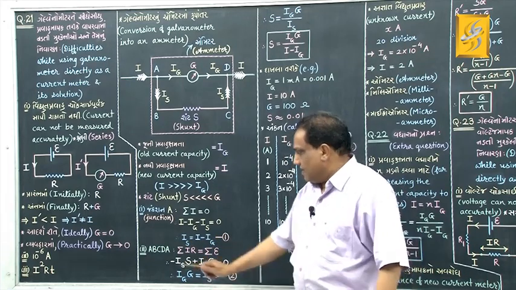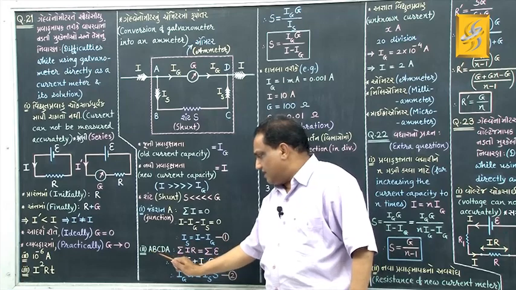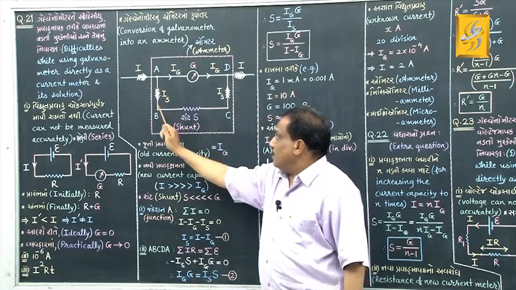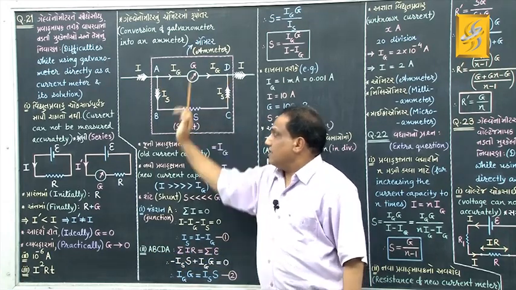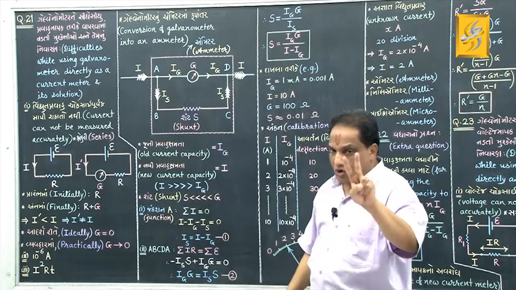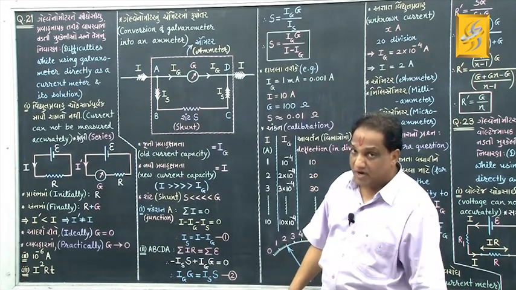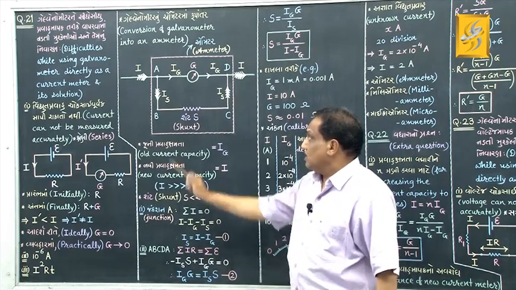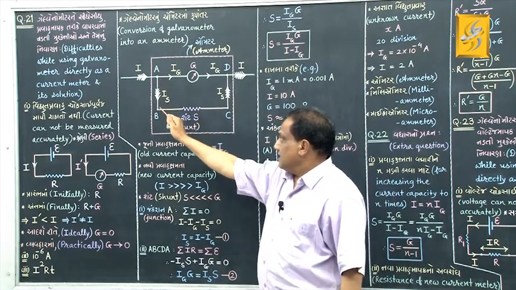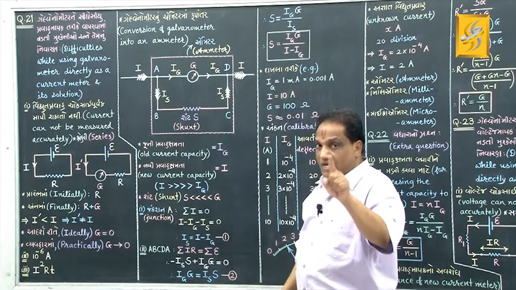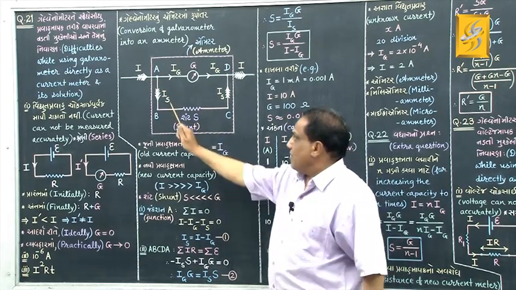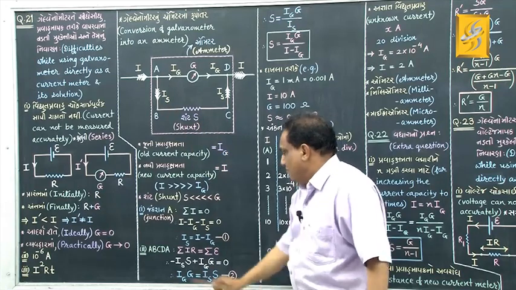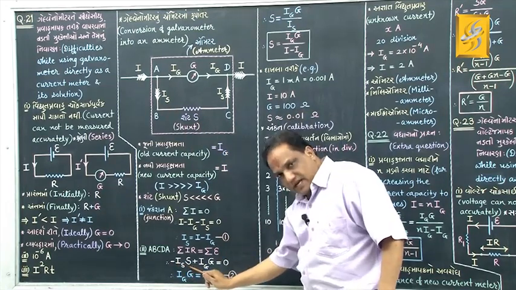And now in this closed path A, B, C, D, A, you just apply Kirchhoff's second law, sigma IR equals sigma E. Go this way. Correct? In the direction of current, the IR product should be taken negative, minus Is into S. Correct?